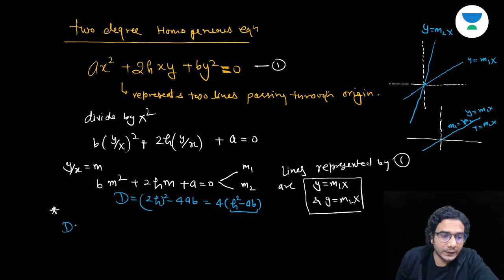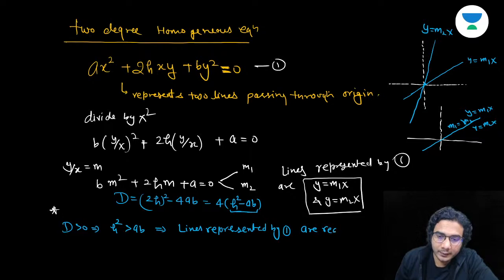So D is positive. D is positive means h square is greater than ab, right? This implies that lines represented by 1 are real and distinct, real and of distinct slope.